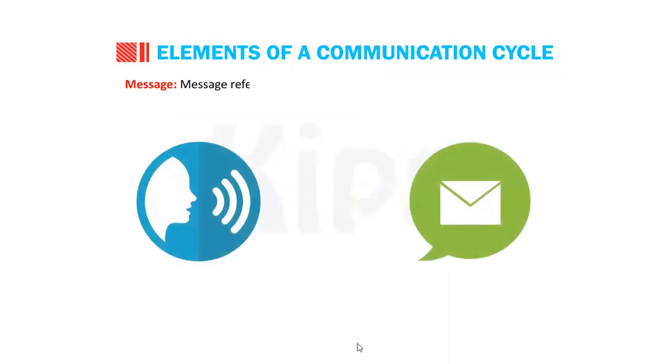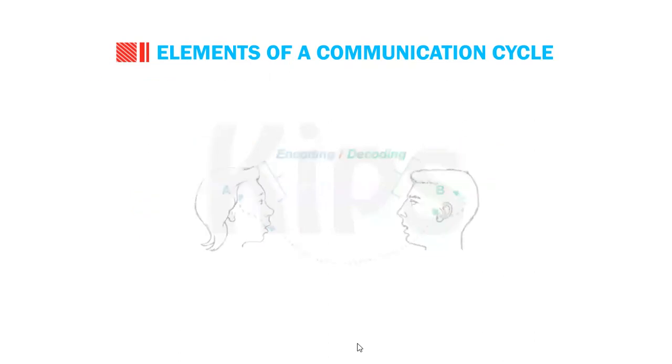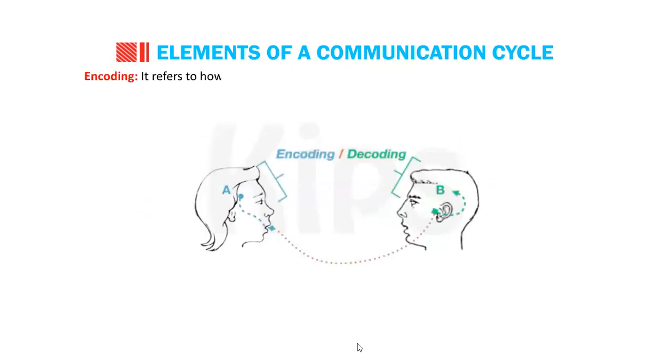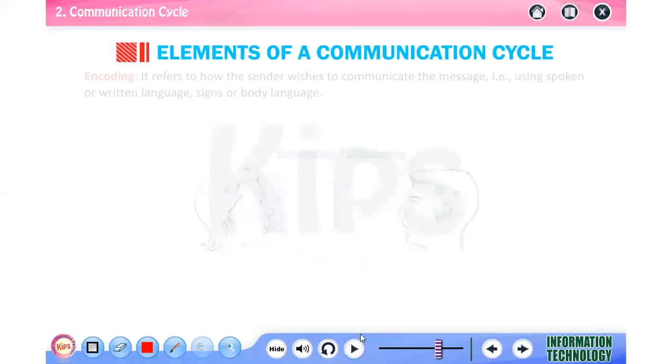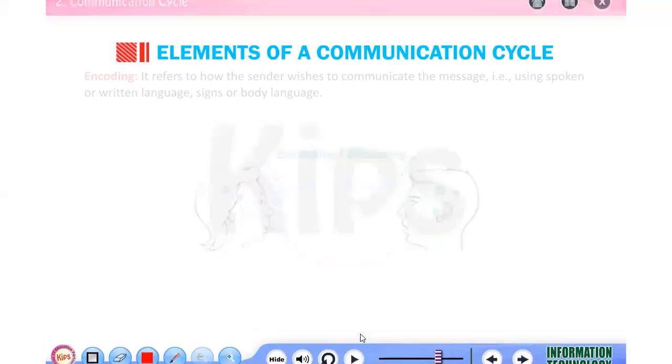Message. Message refers to the information that the sender wishes to convey. Encoding. It refers to how the sender wishes to communicate the message, that is, using spoken or written language, signs, or body language. Yes, three things have been discussed: sender, message, encoding.